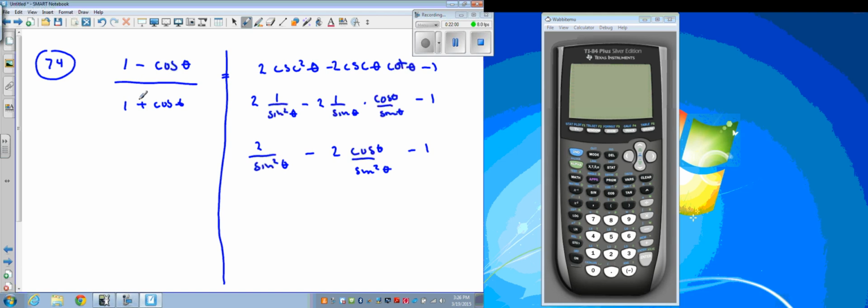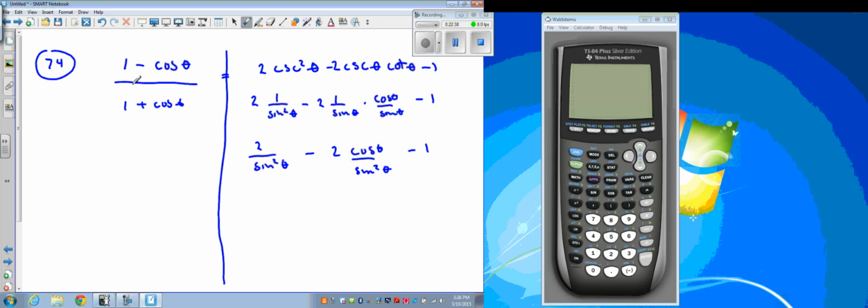This side over here could lend itself to multiplying by 1 minus cosine, right? If we're working down, and then we could have 1 minus cosine squared in the denominator, which would be sine squared, right? And then this thing squared in the numerator. Do you see we got sine squared in the denominator here?